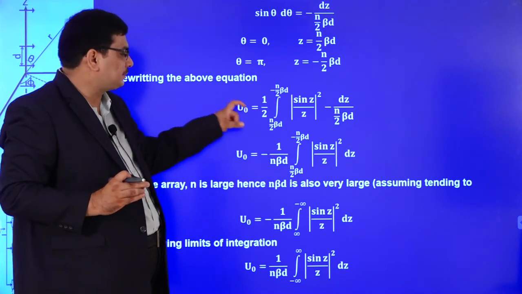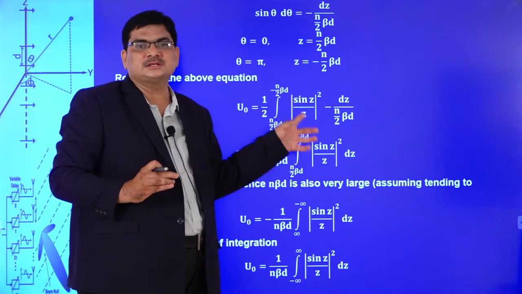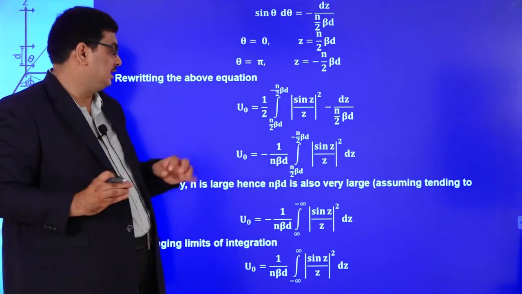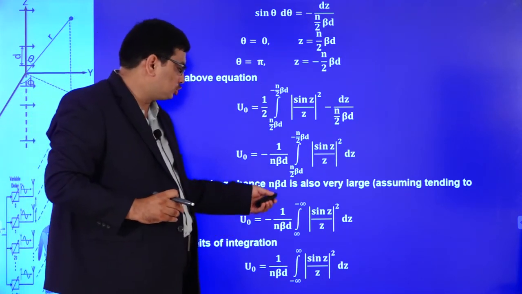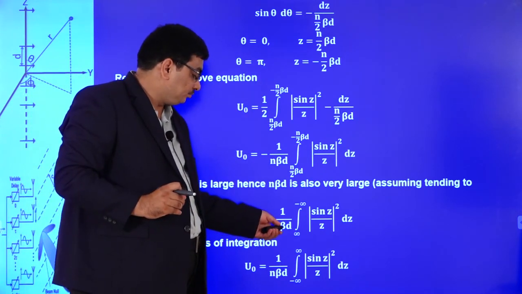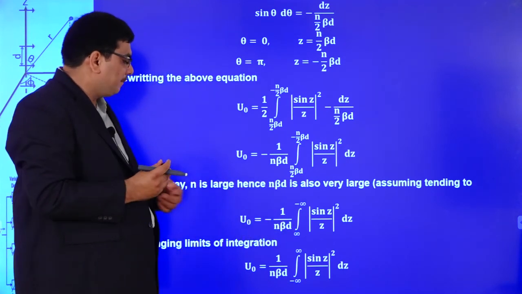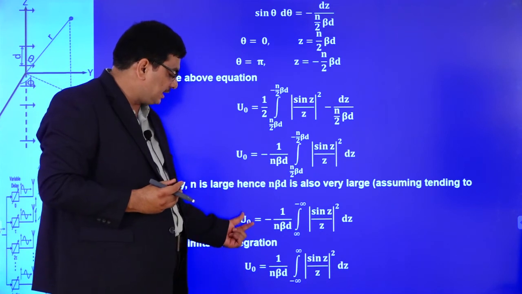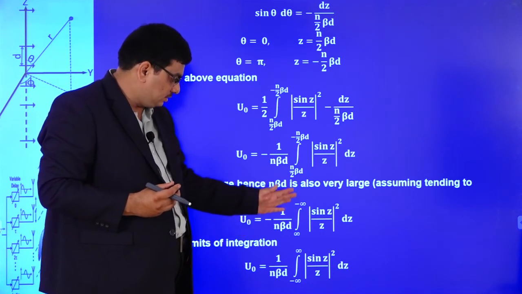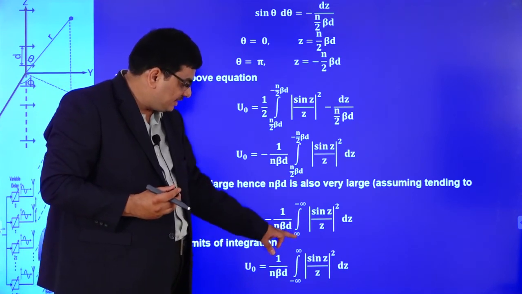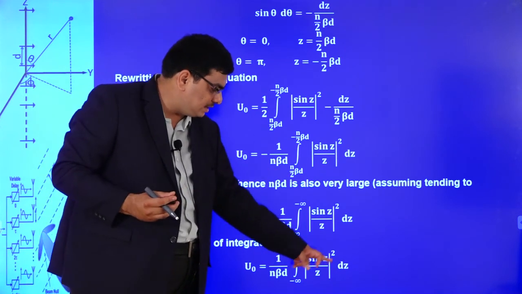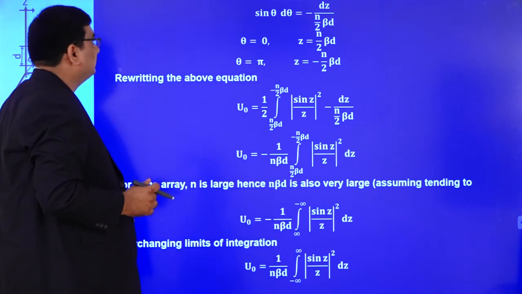That's why in place of n β d we are substituting infinity. So U0 is equal to minus 1 by n β d into the integration of plus to minus. Now we interchange the integral limits, then this minus is gone. So it is minus infinity to plus infinity of (sin z by z) whole square dz.